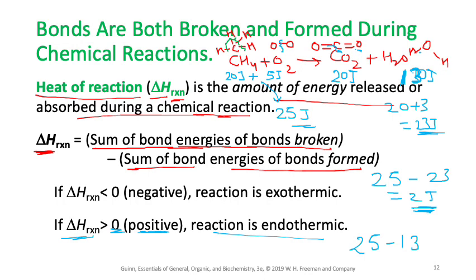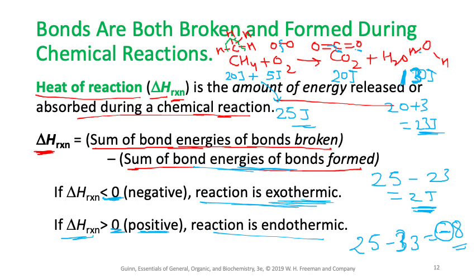The total on the product side is 20 plus 13, which is 33, and it comes out to be negative 8. If delta H is negative, less than 0, that means the reaction is exothermic.